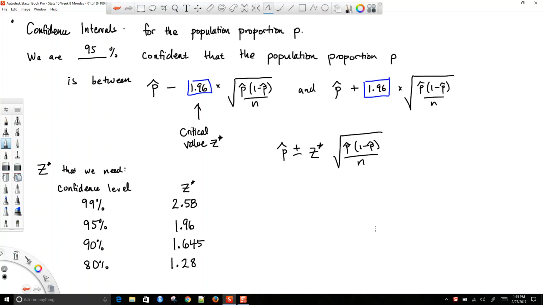And so what we notice is that lower levels of confidence require smaller z stars, and higher levels of confidence require larger z stars. So we can have smaller z stars, or smaller critical values, if we are willing to have a lower confidence level.